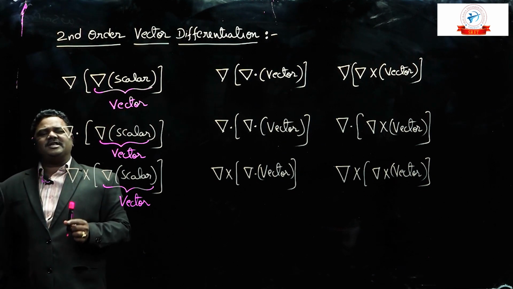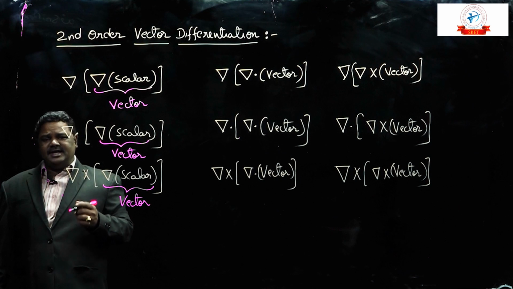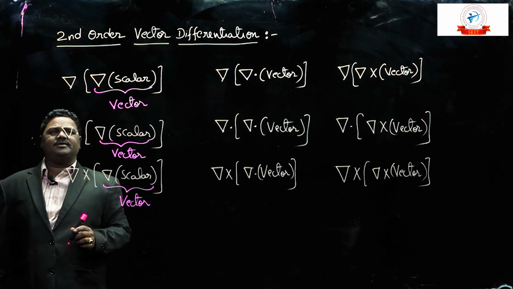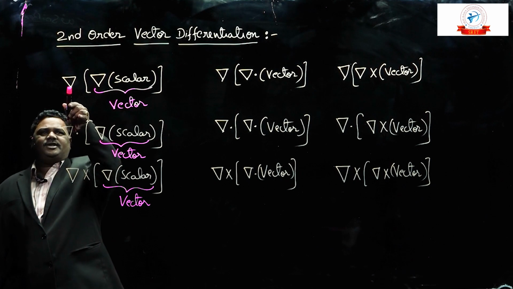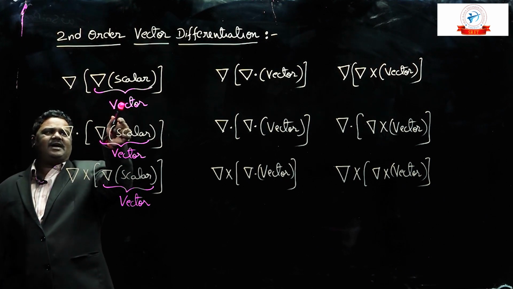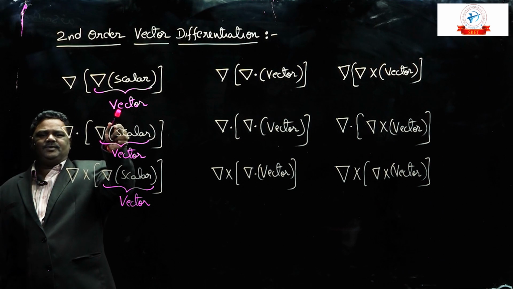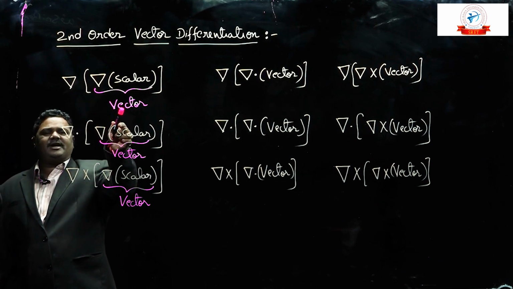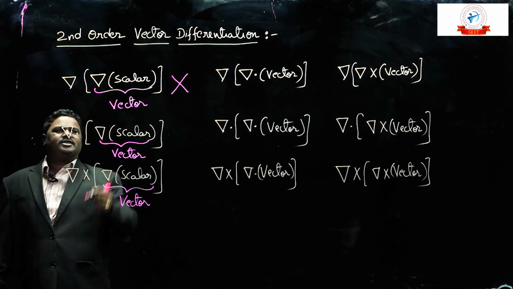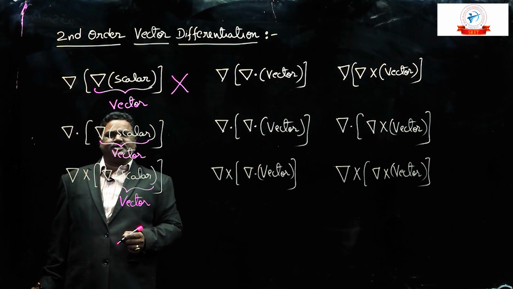Is it possible? We know that gradient is applicable only on scalars, so it is not possible. Or we can see it like this: del is a vector and here is another vector, and 2 vectors cannot be multiplied directly. So from both points of view, this is incorrect, not a valid second order differentiation.